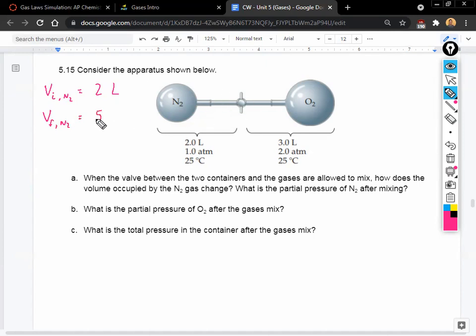Yeah, 5 liters. The reason why is because in the beginning, nitrogen's only on this side, which has a volume of 2 liters. But when you open the valve, nitrogen is able to go to this side and start expanding to the right side. If it expands to the right side, it's no longer going to be 2. You need to add up the total volume.